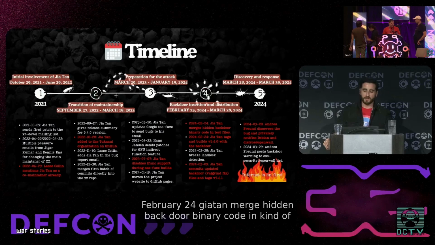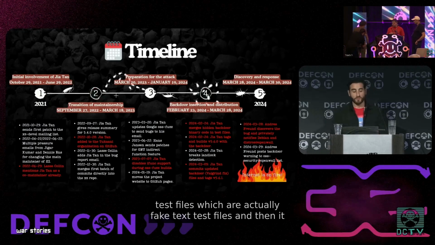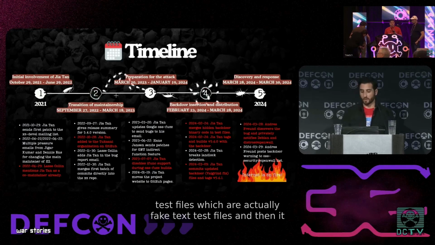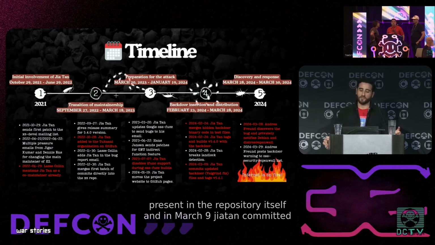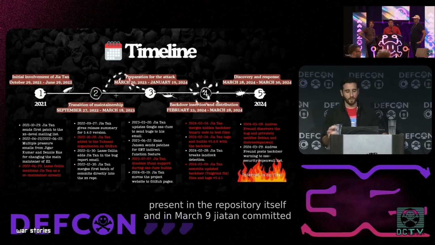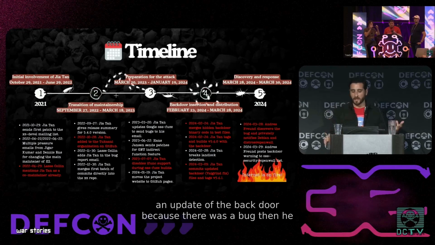And then phase 4, which I call backdoor insertion and distribution, from February 23 to March 28 of 2024. This is where Jia Tan started to release the backdoor. On February 24, Jia Tan merged hidden backdoor binary code in test files, which are actually fake test files.